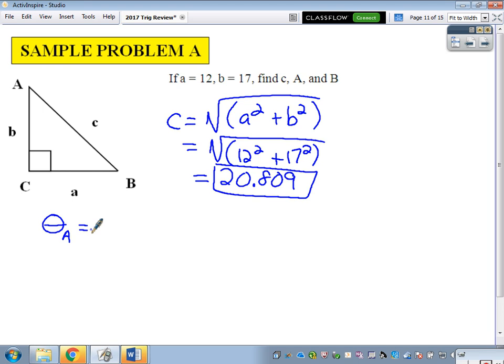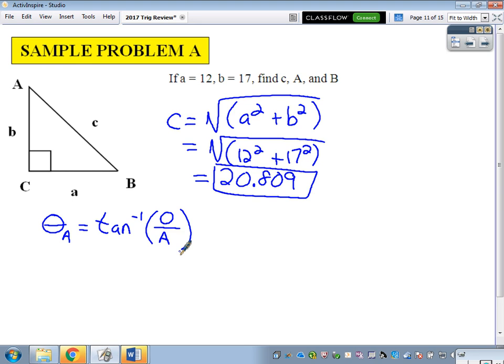Therefore, step one, the equation. Are we using standard trig or inverse trig? Inverse trig. So this is going to be inverse tangent of opposite over adjacent. Now, because we are still kind of in math land, at least for today, I know that you can do OPP over ADJ, however you want to do that. I'm just going to simply list it as O over A, so the opposite over adjacent.